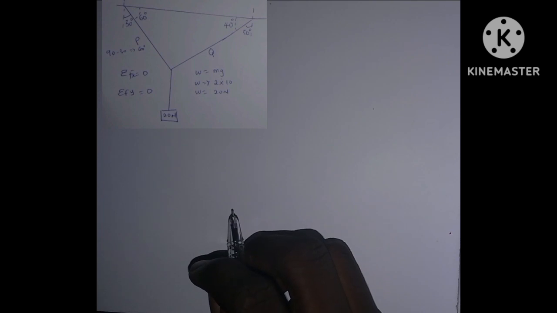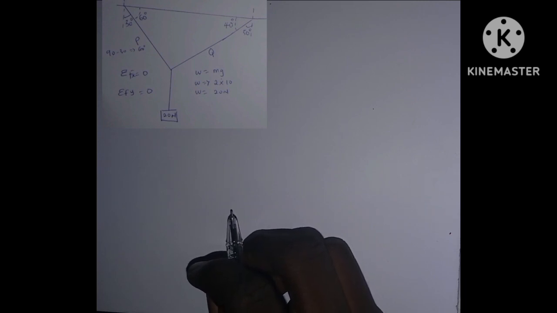So now we ask ourselves, in this diagram, what are the forces that are vertical? So P is the tension, and then 60 degrees is the inclination angle the tension has with the horizontal. But how do we resolve this 60 degree into vertical and horizontal axis? It is very simple.